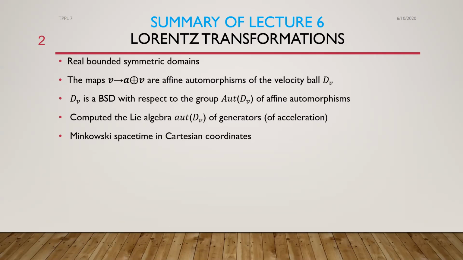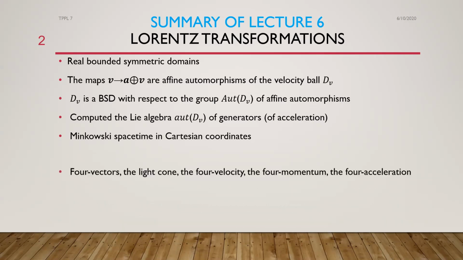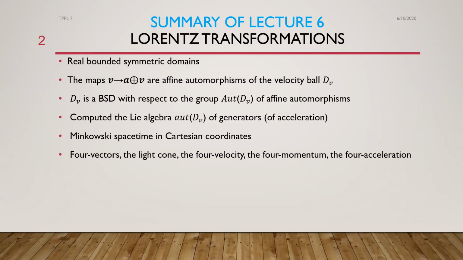And so we defined the basic definitions in four-dimensional Minkowski space-time. 4 vectors, the light cone, we defined the 4 velocity, the 4 momentum, the 4 acceleration, the 4D version of everything. And we saw a basis with 6 elements of the Lorentz group, 3 for the boosts and 3 for rotations.